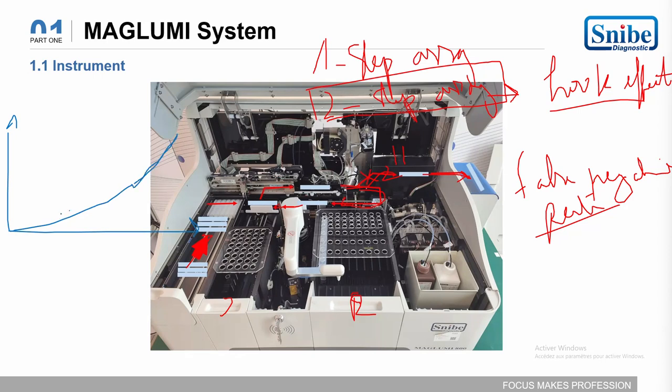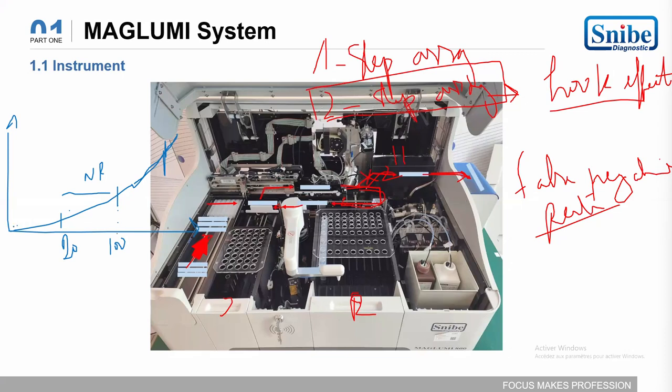We can define the normal range. This is the normal range. The normal range is the value for the normal people, for the healthy people. But we also have the measuring range. For example, the normal range is between 20 and 100.